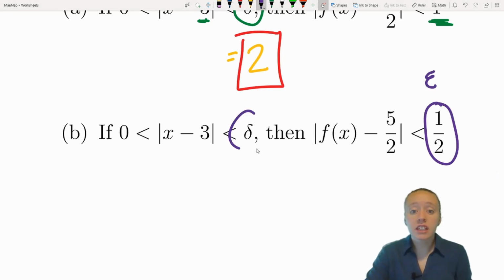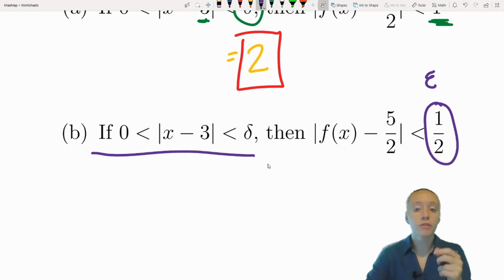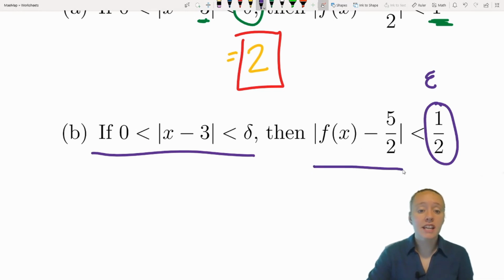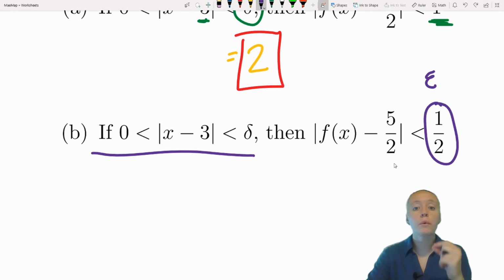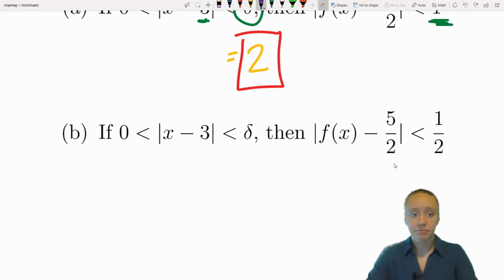So we have to find the delta value that holds true. If 0 is less than the absolute value of x minus 3, which is less than that delta value we're finding, then the absolute value of our function minus L is always less than 1/2. So we have to find a delta value where our function minus L is always less than 1/2.